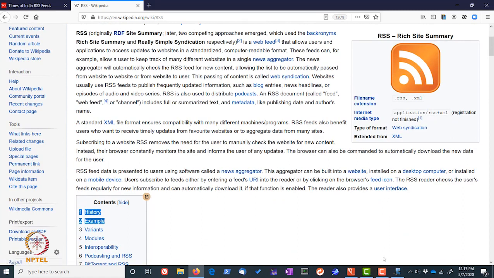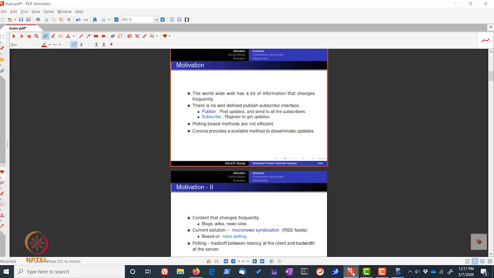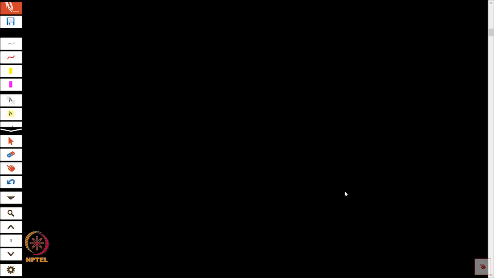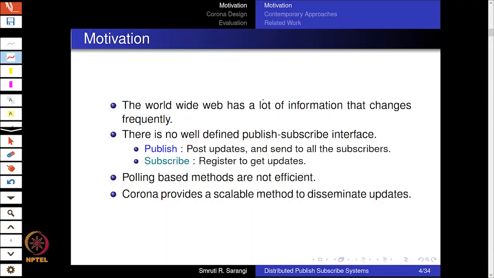Pub sub systems are not just limited to RSS, even though RSS is very common. Pub sub systems are there everywhere, where we have a publisher that posts updates, and a subscriber that registers to get updates. We just saw an example of RSS, but of course this can be in any kind of system.